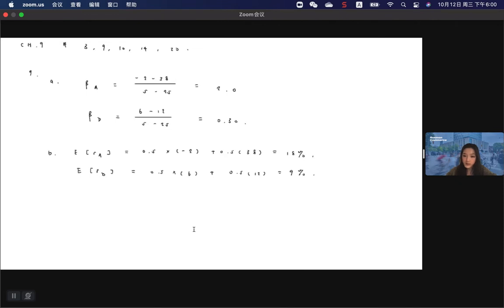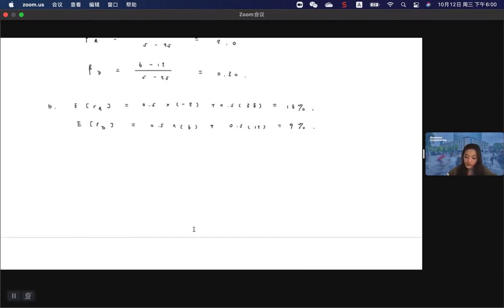And question C asks, if the T-bill rate is 6%, so the risk-free rate is 6%, and the market return is equally likely to be 5% or 25%, draw the security market line for this economy.